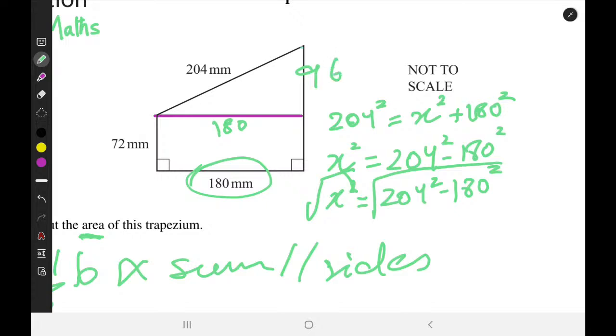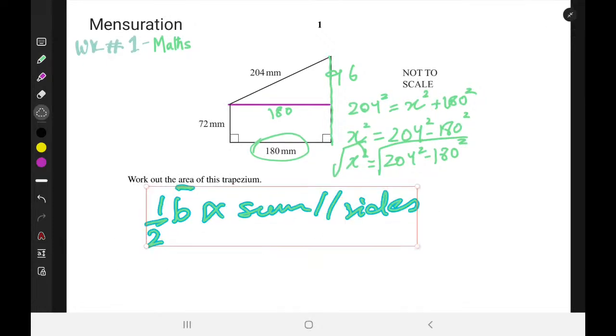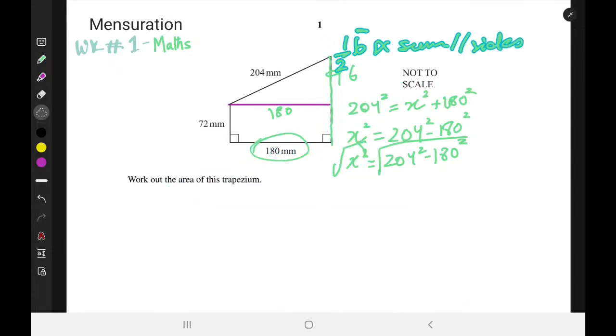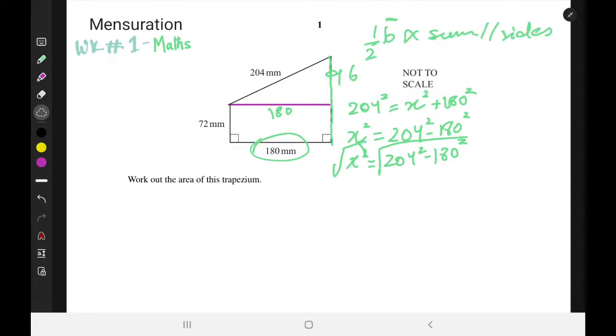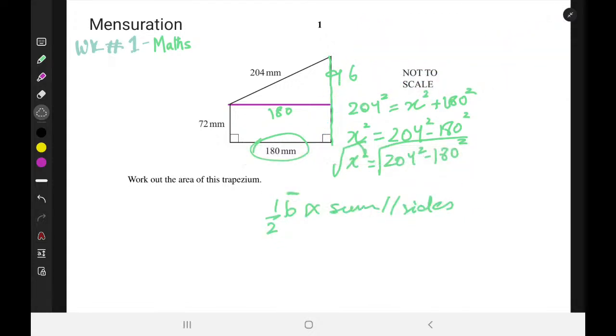So what will this whole side be? This whole side is going to be 96 plus 72. Do your mental maths, it's going to be 168 millimeter.